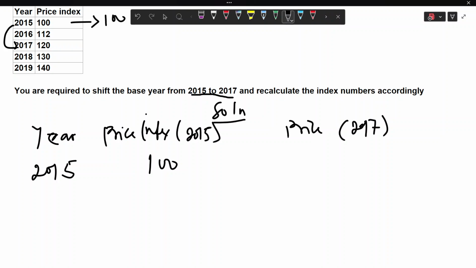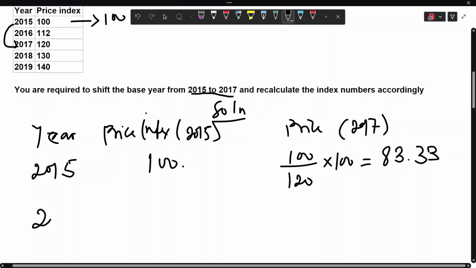Now, because we are shifting the base to 2017, our price index for 2015 will be the old index divided by the 2017 index, which is our new base, times 100. So we have 100 divided by 120 times 100, which gives us 83.33.